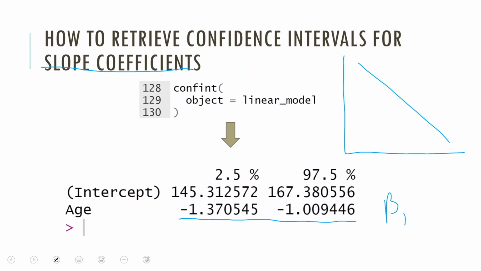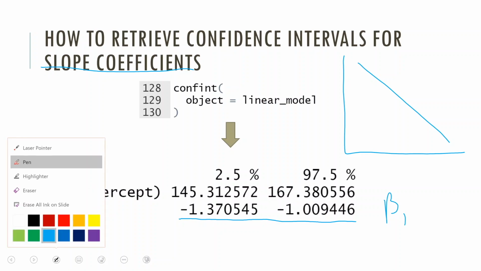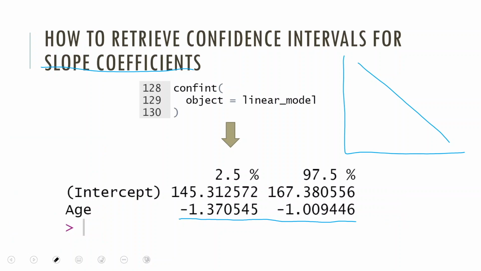They're pretty close together, with only a 0.3-some difference between the two, which is pretty good. But we also know that the p-value for the slope was way less than 0.05, almost 0. And we notice that 0 is not contained anywhere in here. And we recall that a slope of 0 looks like this, right?